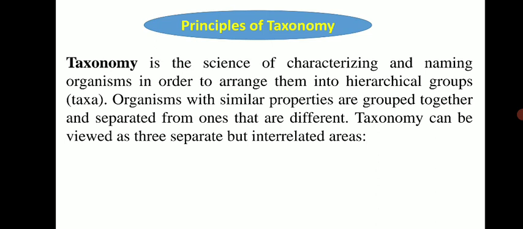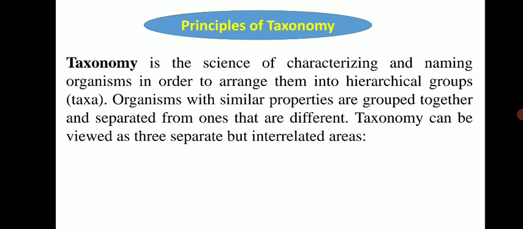So what is meant by taxonomy? Taxonomy is the science of characterizing and naming organisms in order to arrange them into hierarchical groups, that is taxa. In taxonomy, we identify the organism and place it in the correct taxonomic rank or hierarchical group.